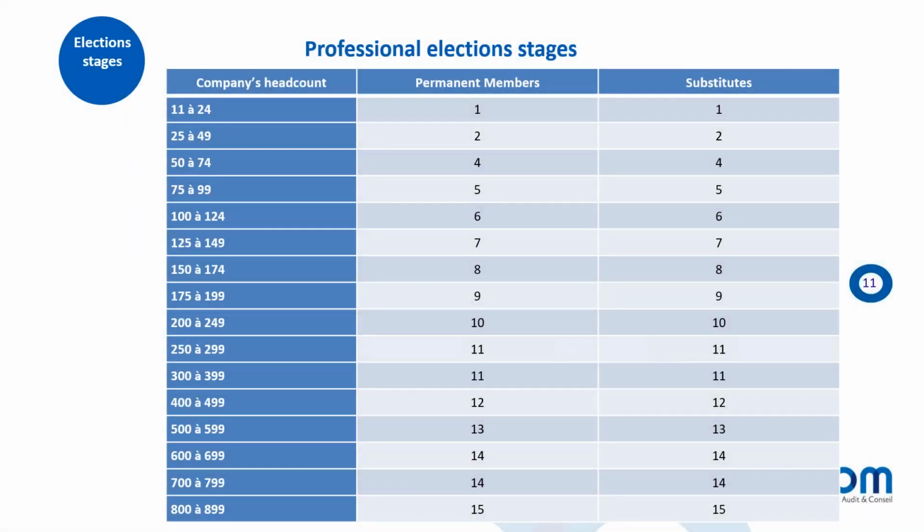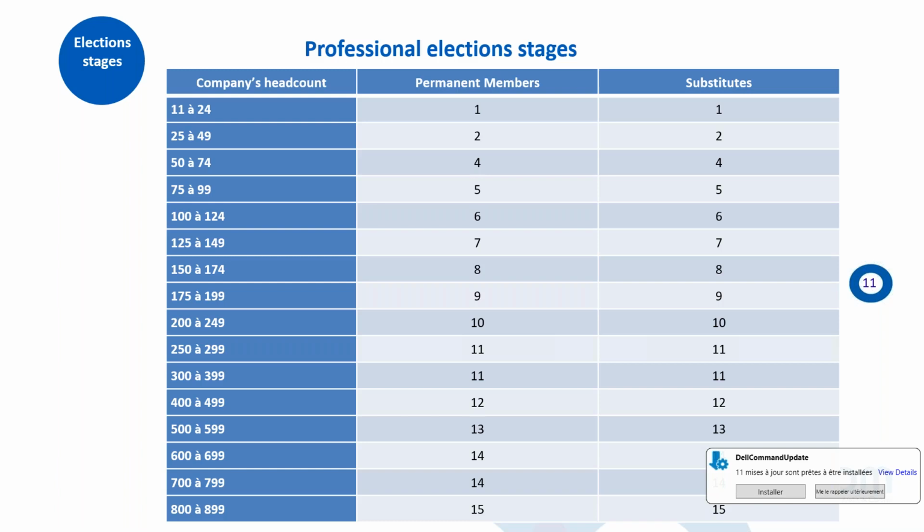So first of all, once you have an election, you need to have permanent members and substitute members. So this number of members depends on your company's headcount. For instance, when you have between 11 and 24 persons in your company, you will have only one permanent member and one substitute member.